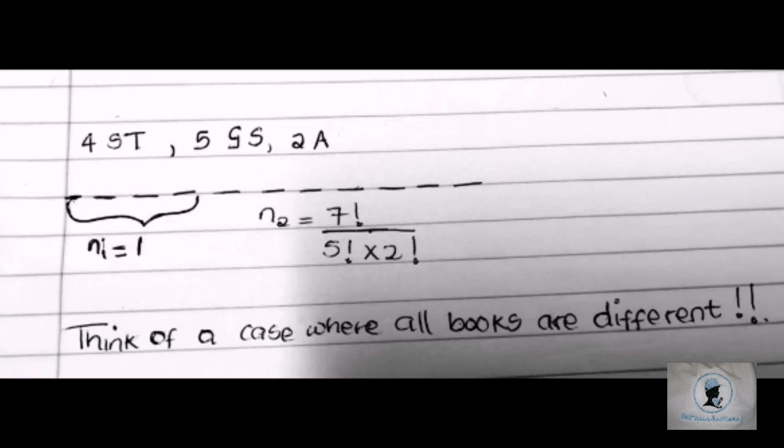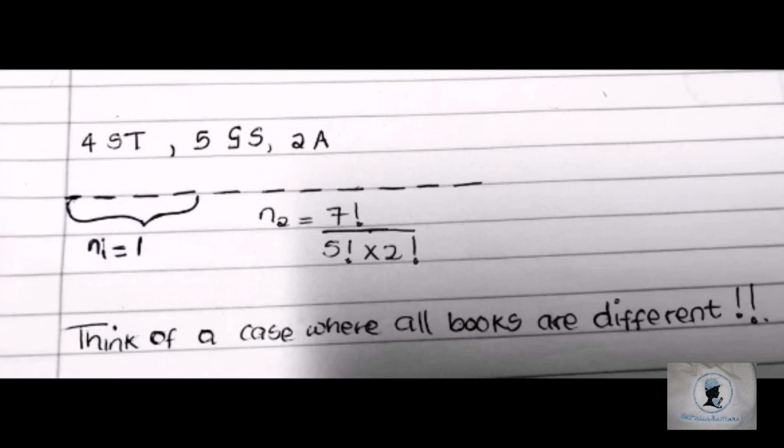He told us that the 4 surveying techniques books are identical, even the geological structures books are identical, and the algebra books are identical. And then they told you that now these 4 surveying techniques books should be on the extreme left.